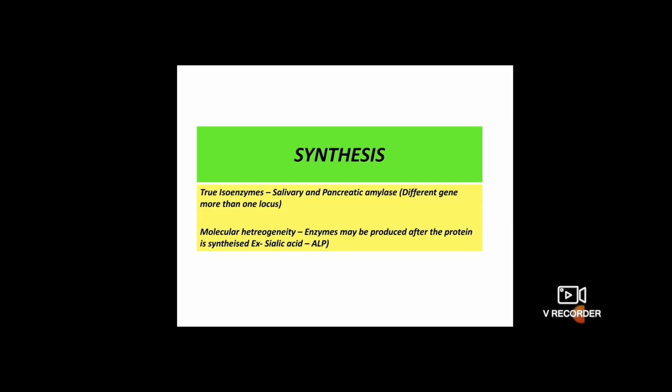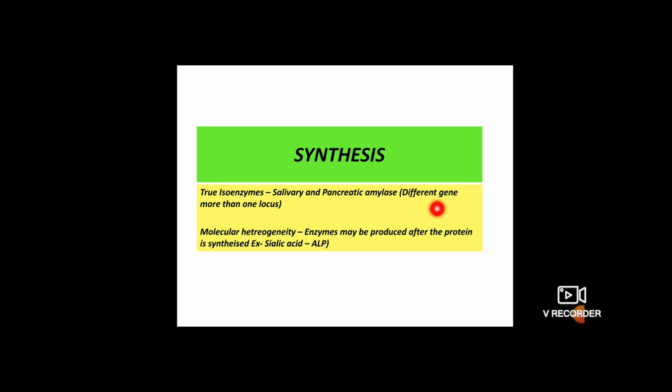Now synthesis. We know that basically any enzyme belongs to a protein, so it definitely depends upon the DNA. So DNA gets replicated and transcribed and then translated. Some of the enzymes are simple enzymes. For example, salivary and pancreatic amylase, both are isoenzymes.